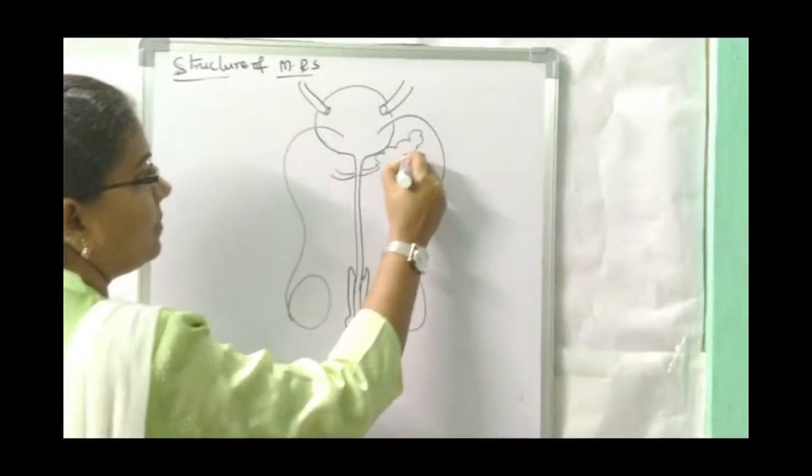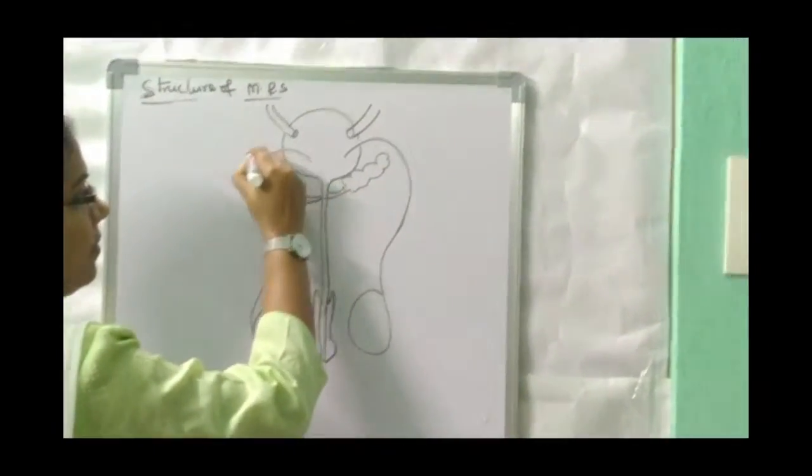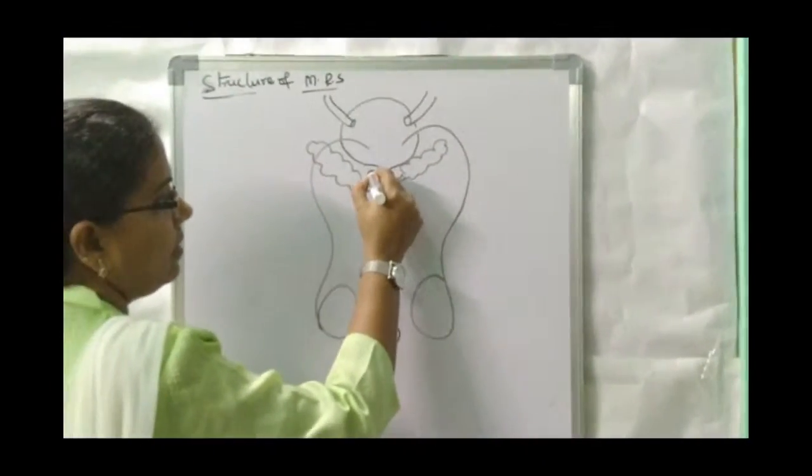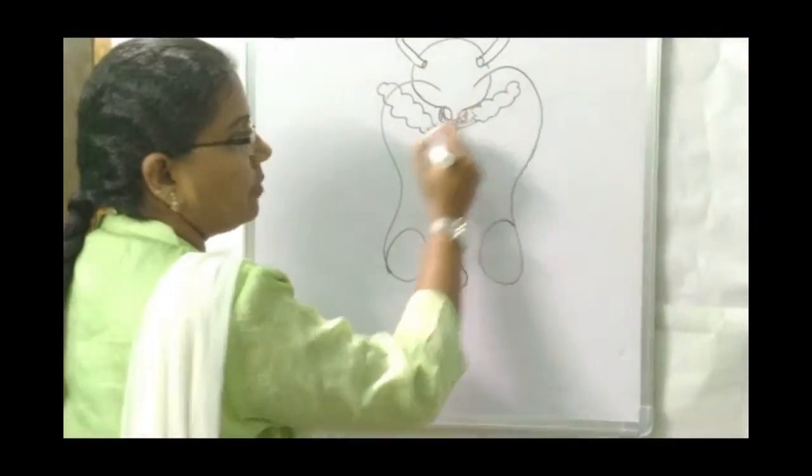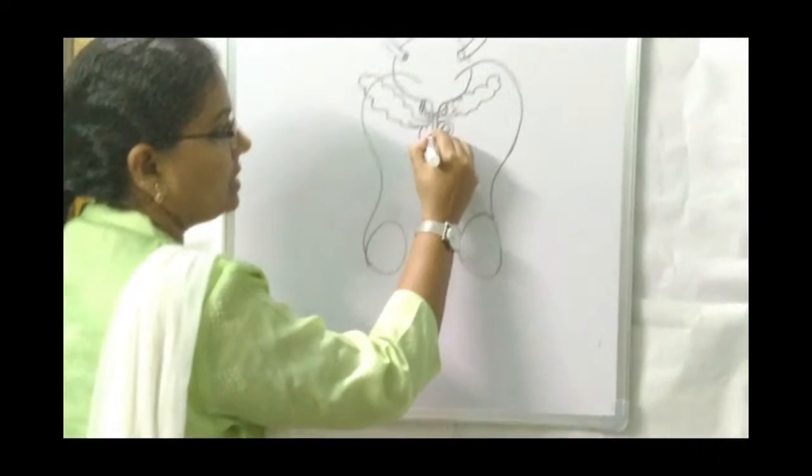Seminal ducts. Prostate gland, ring-like structure prostate gland, Cowper's glands.